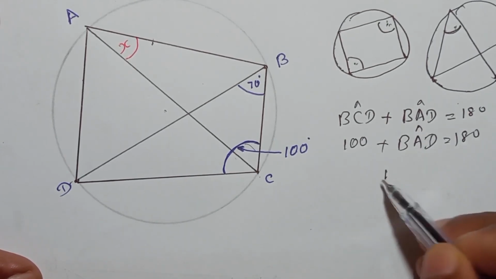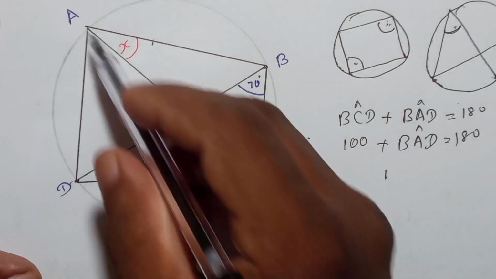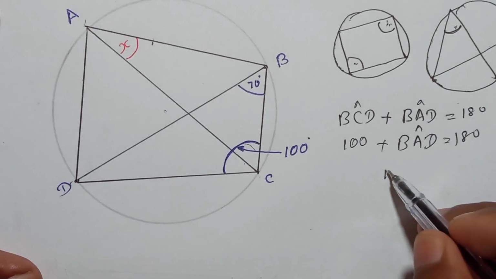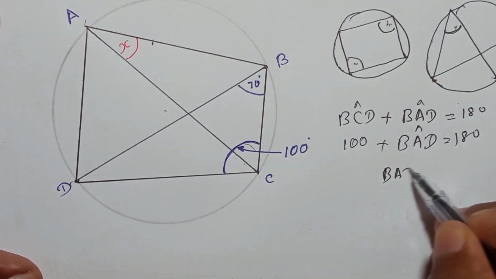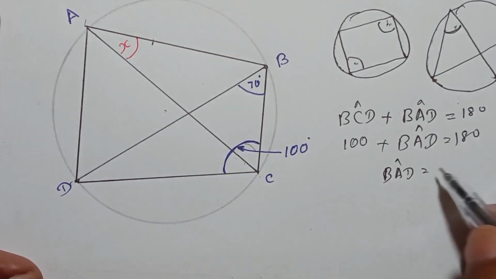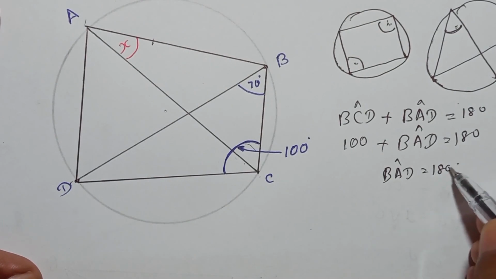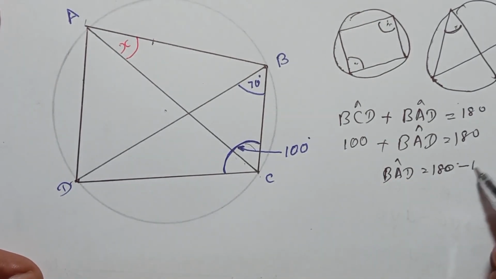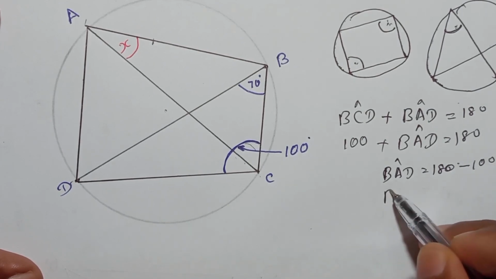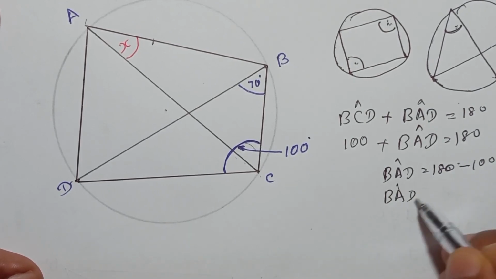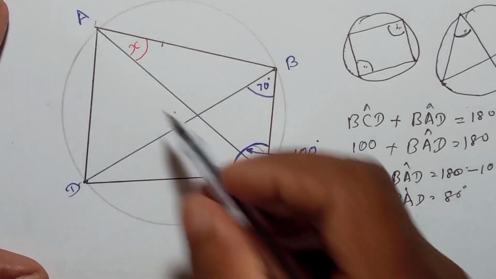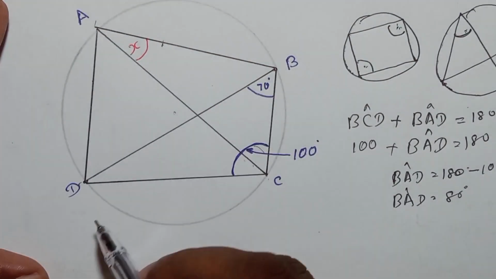Now I need to find BAD, that means this angle. I wrote this plus this should be 180. Keep BAD here, and bring this 100 to this side, so plus 100 becomes minus 100. So BAD will be 180 minus 100, which means 80 degrees. That means this angle is 80.